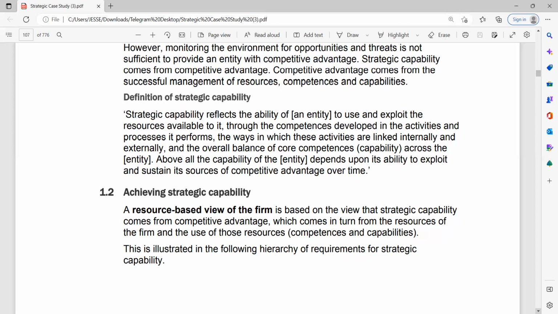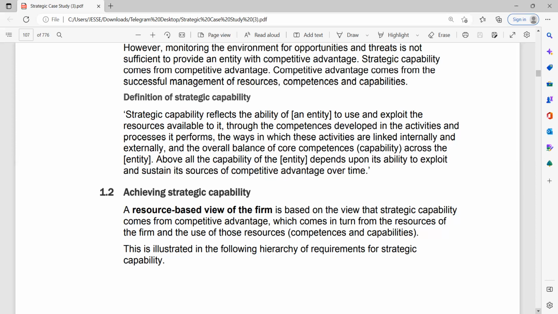Through the competencies developed in the activities and processes it performs, right? So we see another key word there. We see the word competencies. So first we saw resources, we saw competencies, and now another word we'll see is activities.